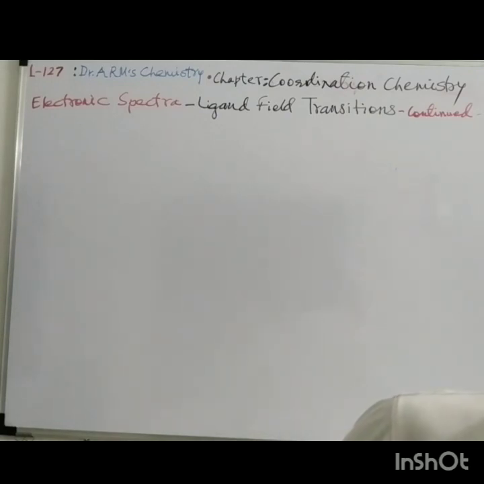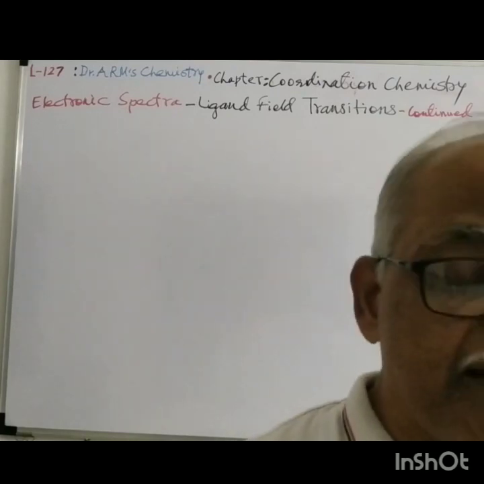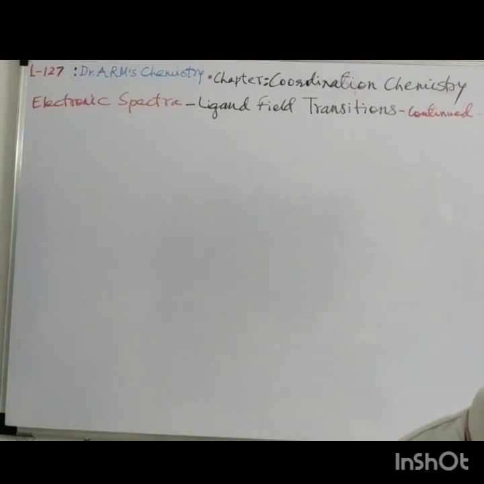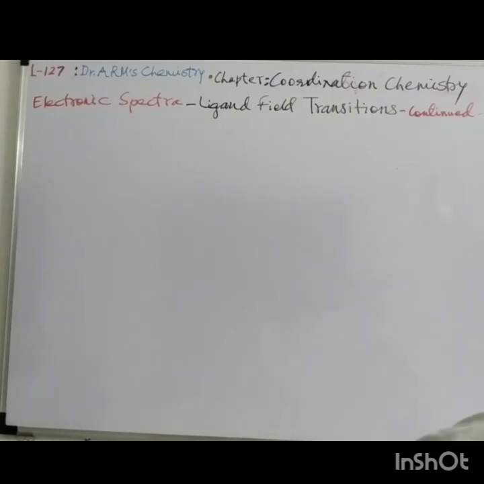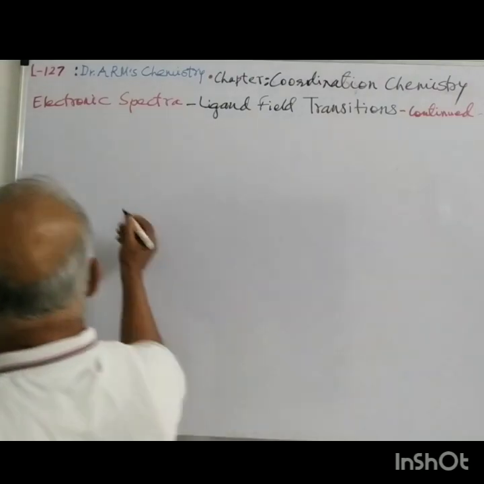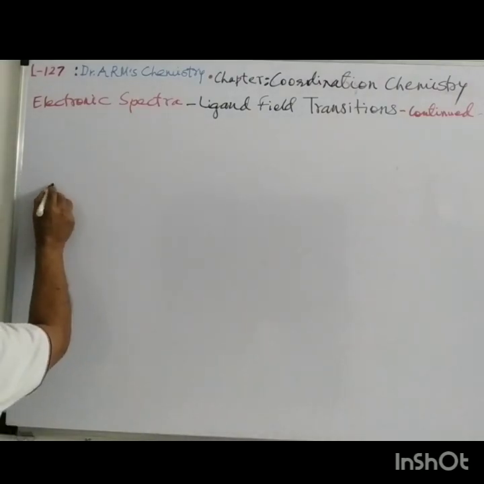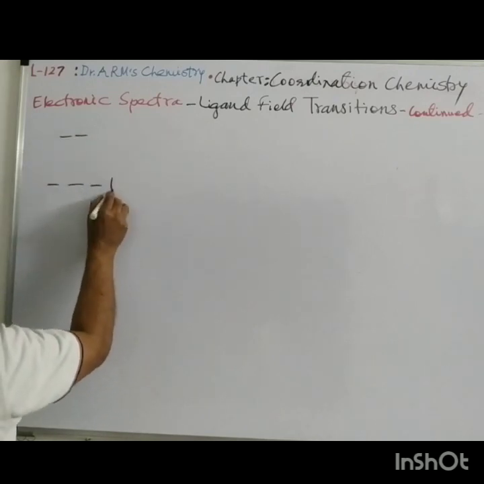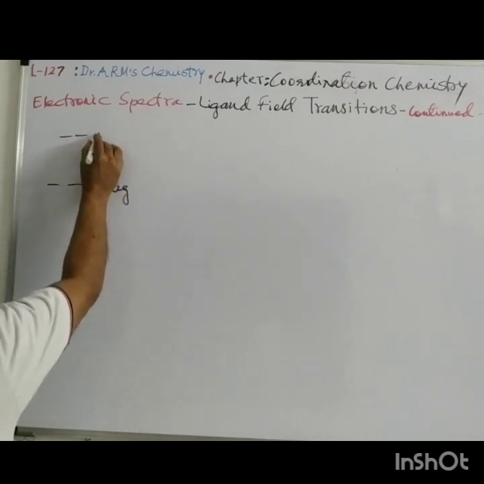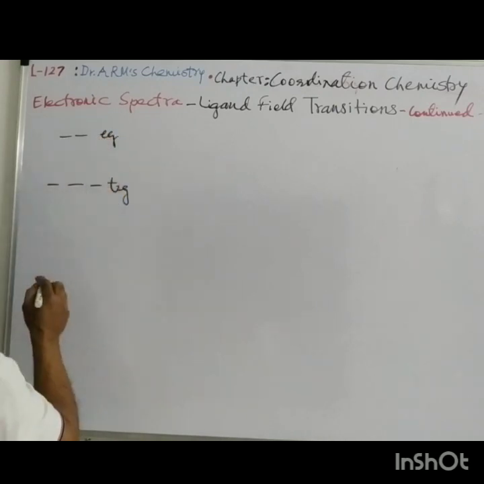Here we will see that the spectroscopic terms arise from the distribution of electrons in various orbitals. In case of transition elements, we know that the d orbitals are like this. These are t2g orbitals and these are eg orbitals.